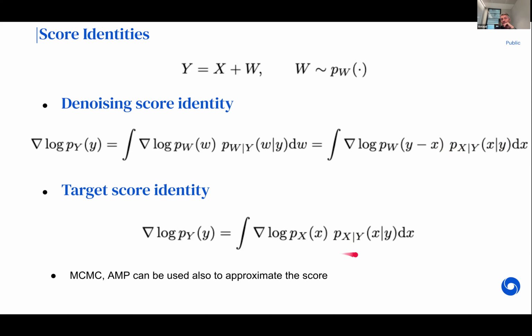Another thing we can do is use another score identity, which is useful in particular at low noise level, because you can also write the score of y as the score of x integrated with respect to p of x given y. So this identity can be leveraged. You can use MCMC to approximate the score, or approximate message passing to come up with alternatives.